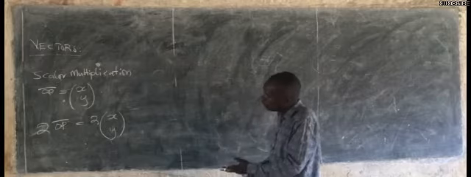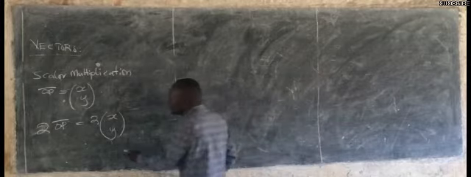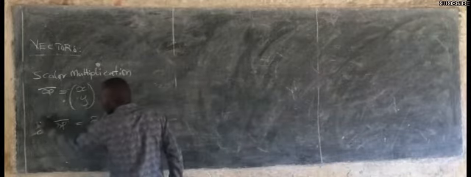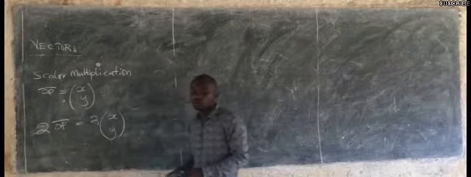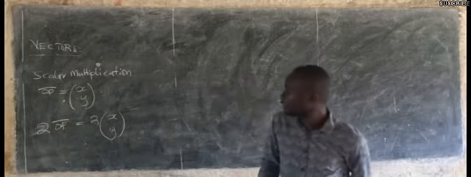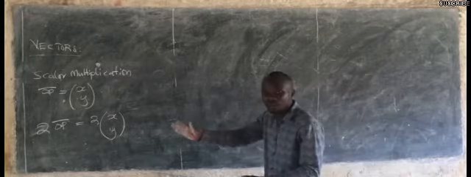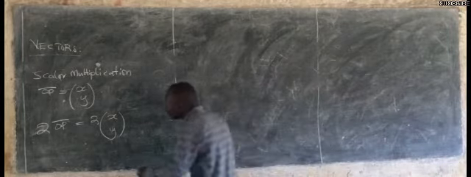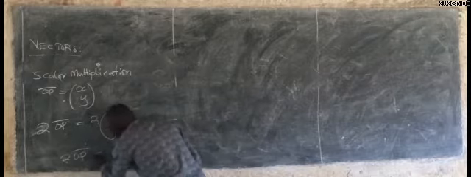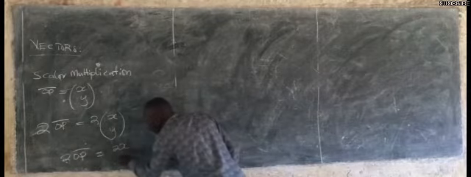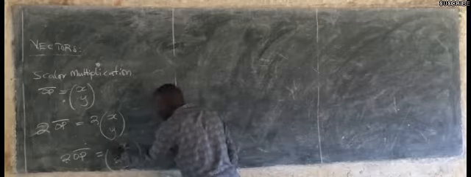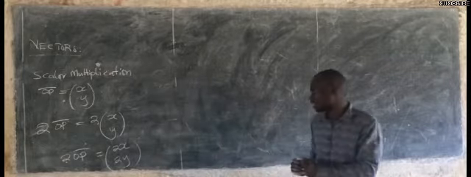So when we are to analyze this, OP represents a vector. But this number 2, what we look at as the coefficient of the vector, is not representing the vector, but it is a scalar. It does multiply within the components of the vector. So 2 OP can be given as 2x, then 2y. Please don't divide, students. We leave the answer like that.